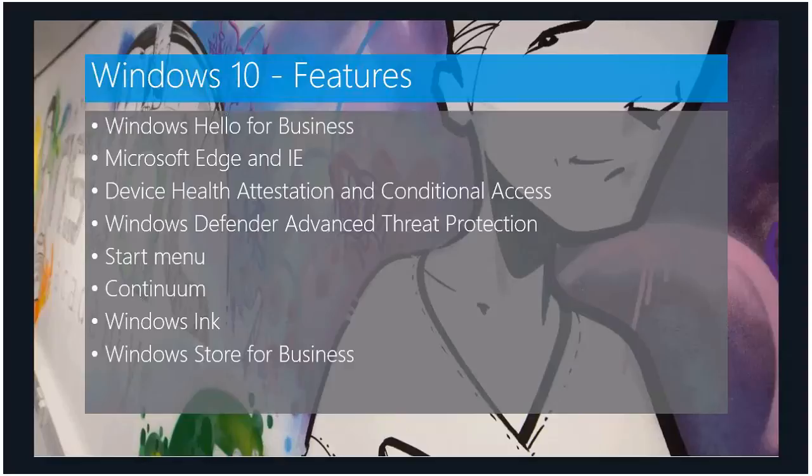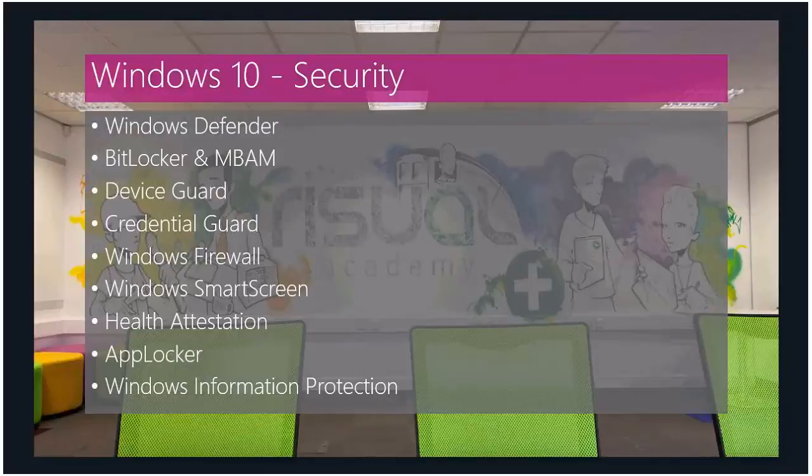The things that I'd probably talk about here are the device guard and the credential guard. So device and credential guard again use this UEFI and Hyper-V technology to provide separation to, for instance, credential guard.